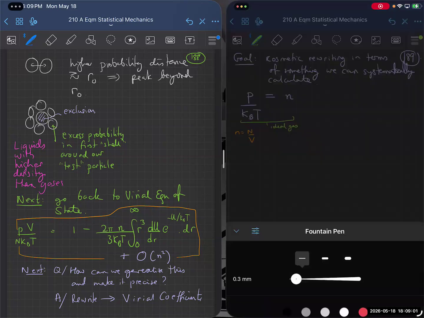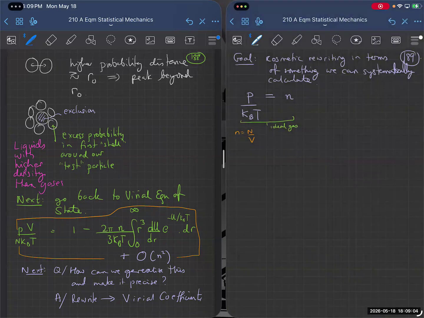And then I'm going to tell you that we're going to write it down like this. We know the next term is going to be the term that comes from the corrections I've just calculated. Because I've multiplied through by n, see over here on the left-hand side, I've got PV over NkT, so that's where the n comes from. So the next term is going to be something times n squared, and I'm going to call the coefficient in front of that B2.